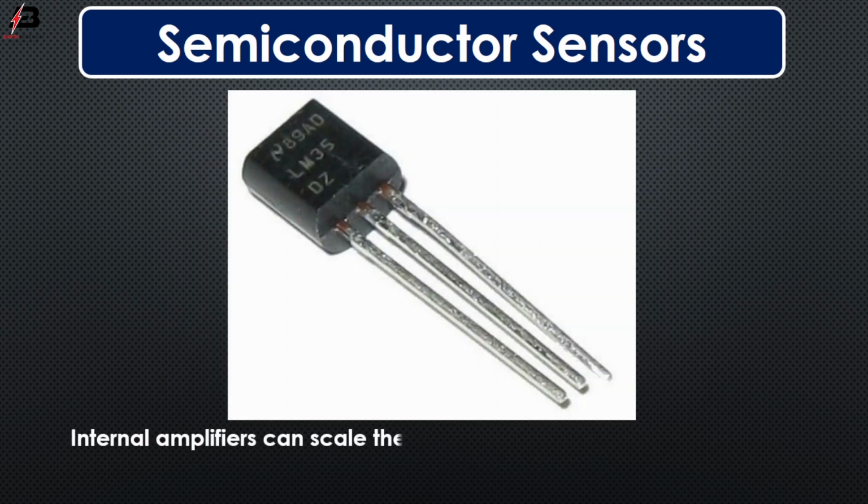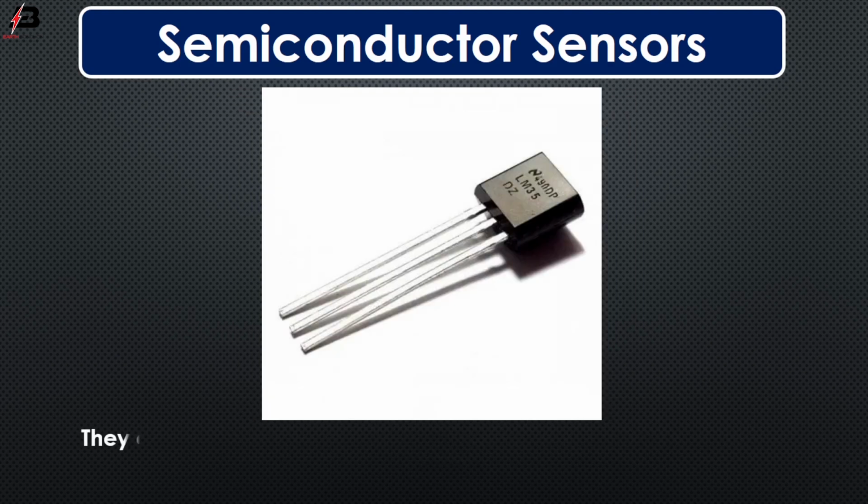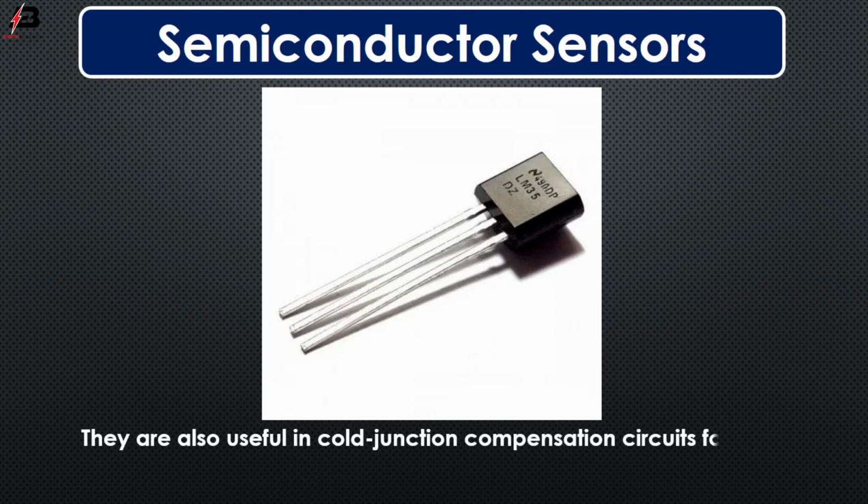Internal amplifiers can scale the output to convenient values such as 10 microvolts per degree centigrade. They are also useful in cold junction compensation circuits for wide temperature range thermocouples.